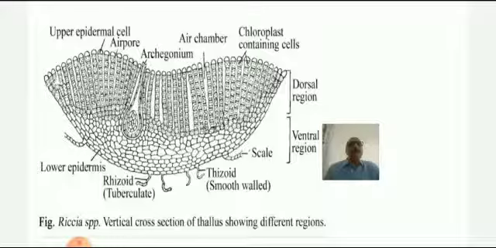The lower portion of the storage region is bounded by a single layered epidermis from which rhizoids of two types, that is smooth-walled and tuberculate, arise. In the middle region, and violet colored scales arise at the margin.